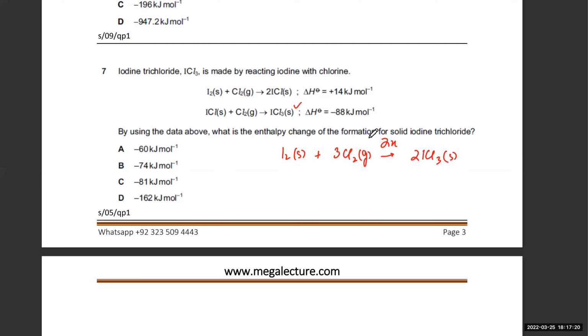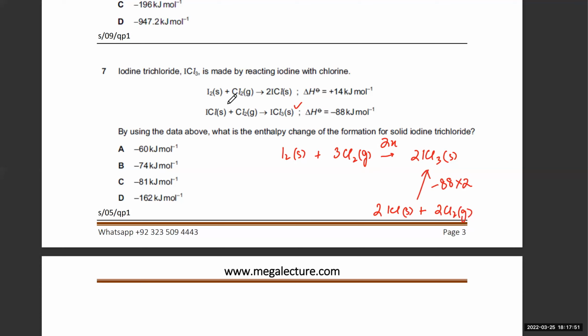They're saying that ICl3 solid can be formed using ICl solid plus Cl2 gas. I would have to double everything. And this would be minus 88 times 2, right? Is that clear? Yes, sir.